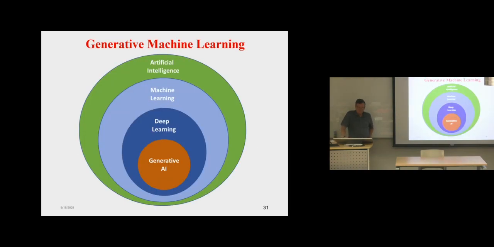I'll tell you what, generative is such a mess right now. Since the fall of 2022, I'd say 80% of the media talk about generative AI like it's AI. Okay, my point to you is this.